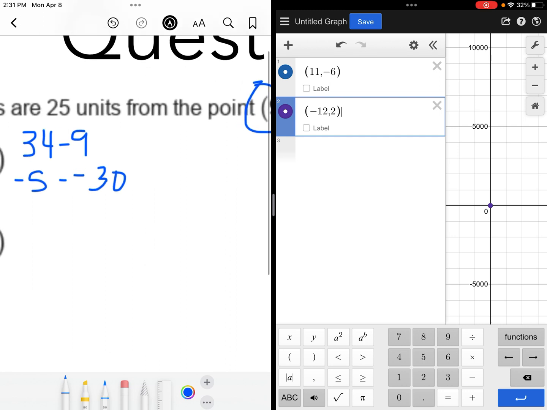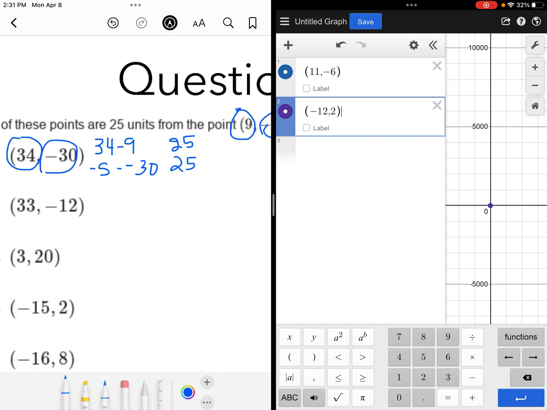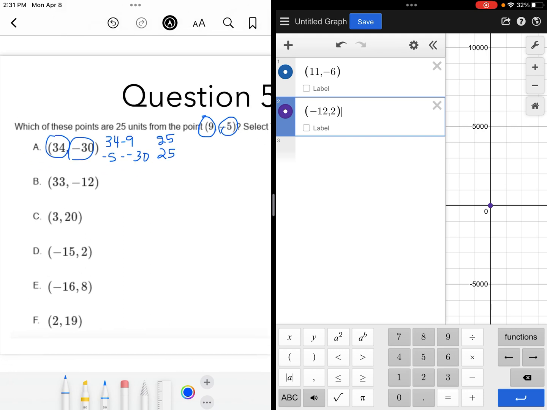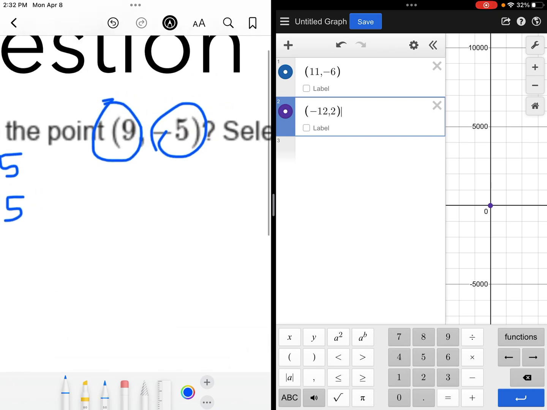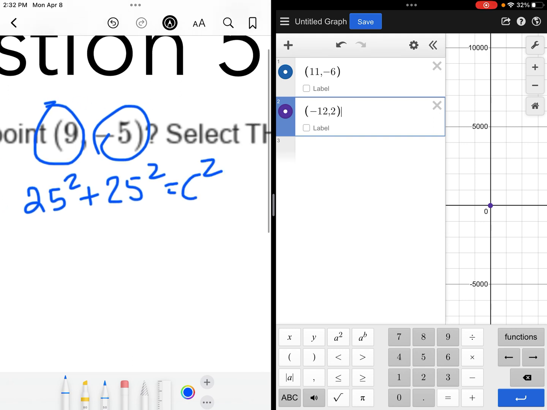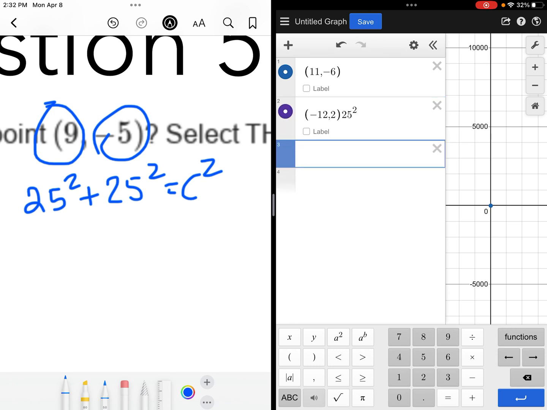So this one's going to be 25, and this one's going to be 25. So I would do 25 squared plus 25 squared equals c squared. And I get 625 plus 625.